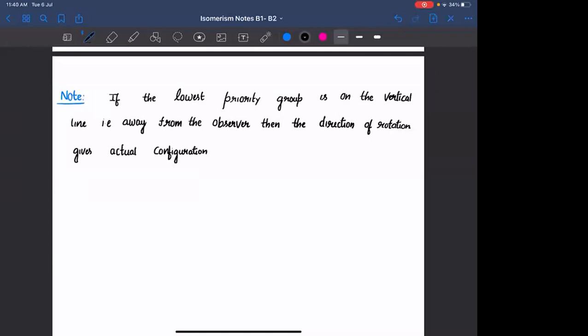If it is not present on the vertical line, it will give you the inversion of the configuration. So can I write this as and vice versa?